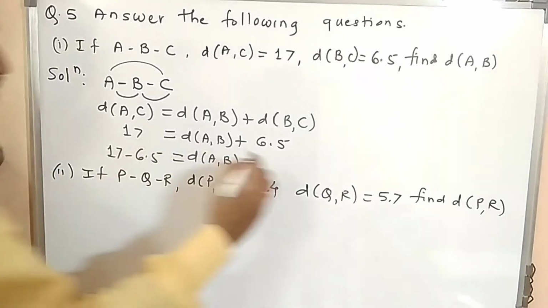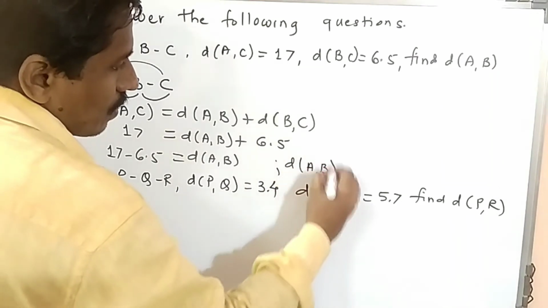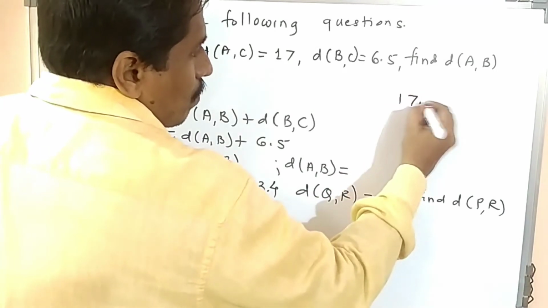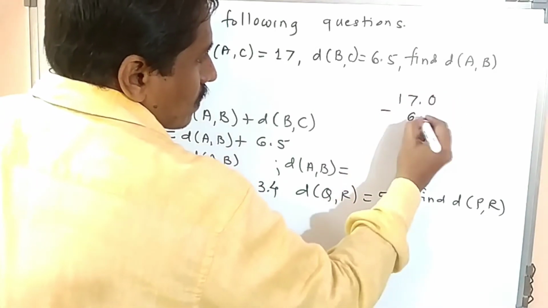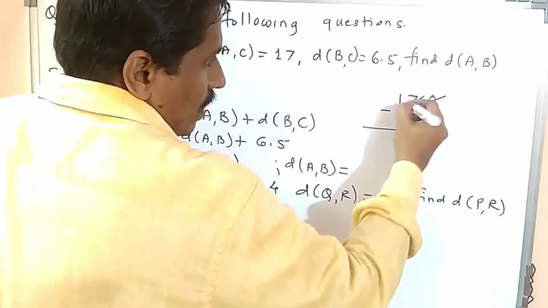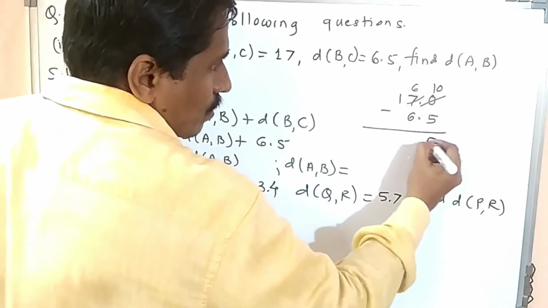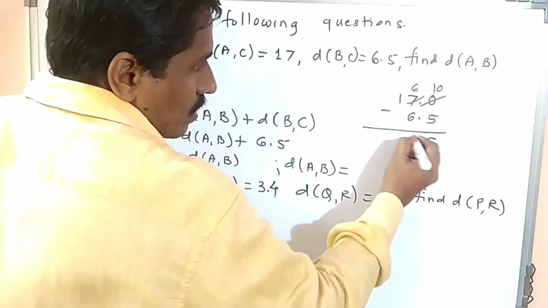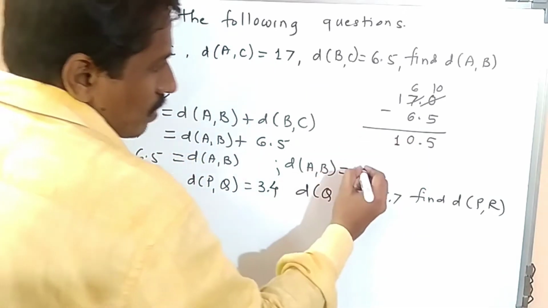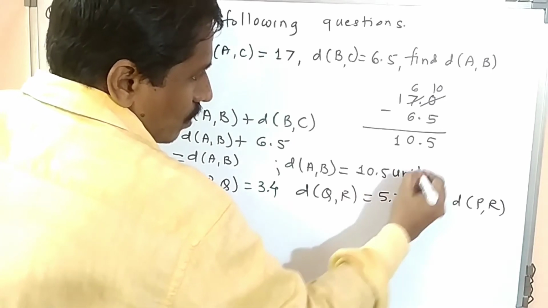So distance AB is equal to, see how to subtract this, 17.0 minus 6.5. Here we'll carry. This will be 6, this is 10. 10 minus 5 is 5. 6 minus 6 is 0. Decimal as it is. So distance AB is equal to 10.5 units.